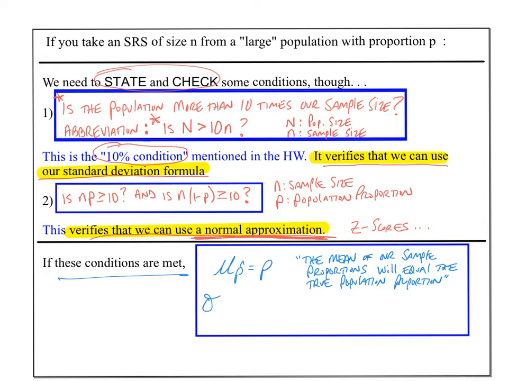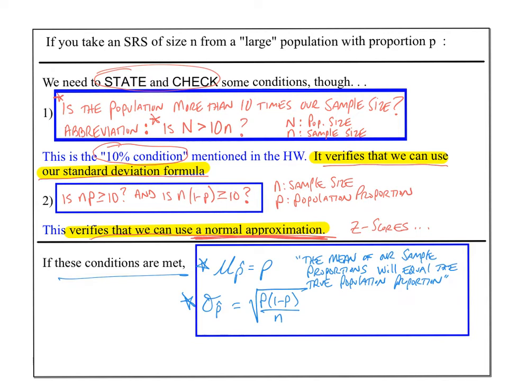And then our standard deviation for our sample proportions will equal the square root of p times 1 minus p over n. These are our two formulas we're going to need so that we can calculate z-scores and use our whole z-chart and all that to find probabilities.